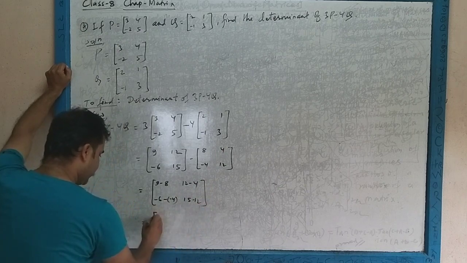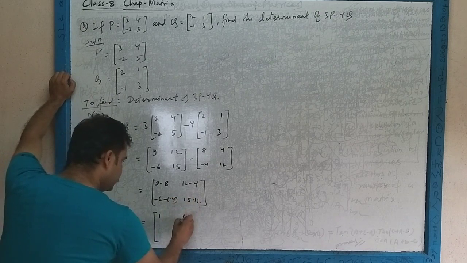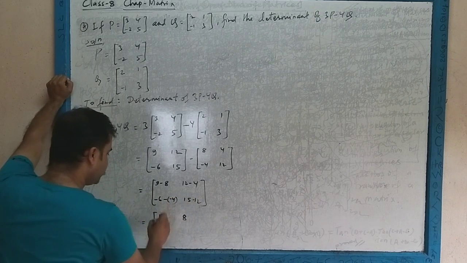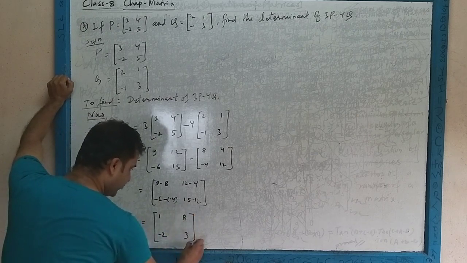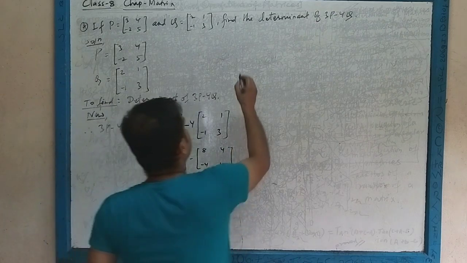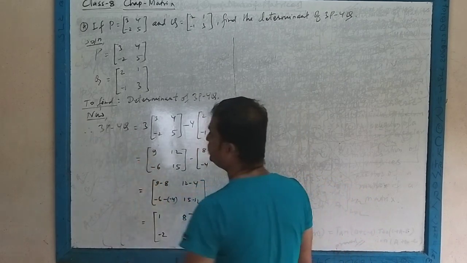So finally you can write the answer directly also. 9 minus 8 is 1, and minus 6 minus minus 1 is plus, this will be minus 2 here. Yes, directly I am writing the answer. I have found the matrix 3P minus 4Q.